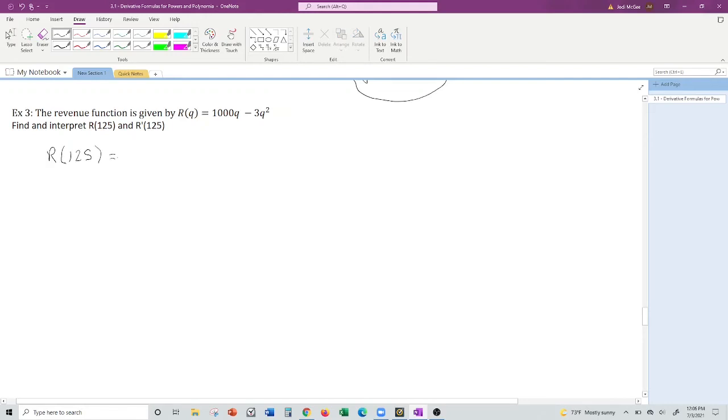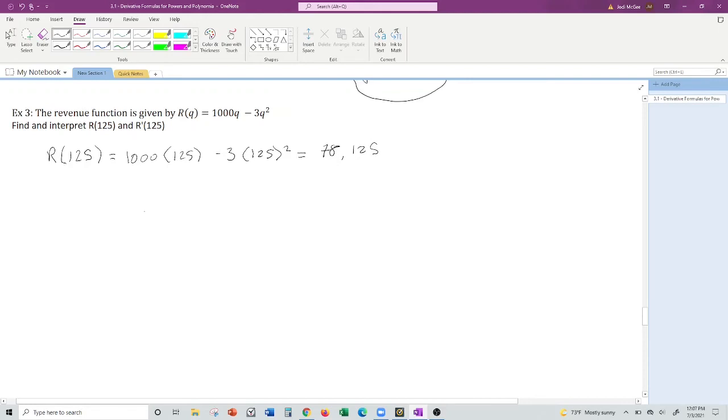We just need to plug 125 into our original equation. So we end up with 1000 times 125 minus 3 times 125 squared, which comes out to be 78,125.